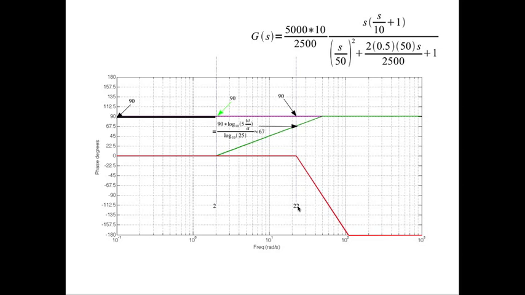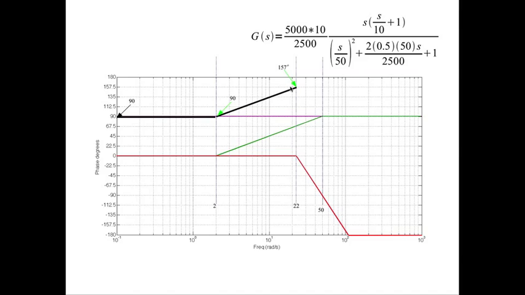Omega is 22, a is 10, and this ends up being 67 degrees. The contribution of the complex pole is 0. So add everything up, you should get 157 degrees. Now you can join these two lines to get that.